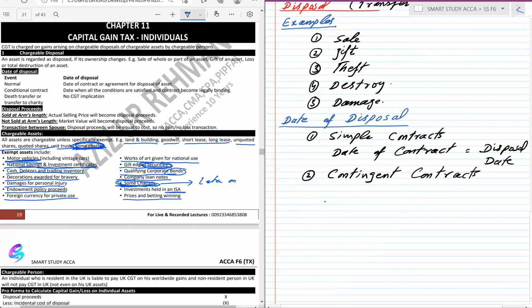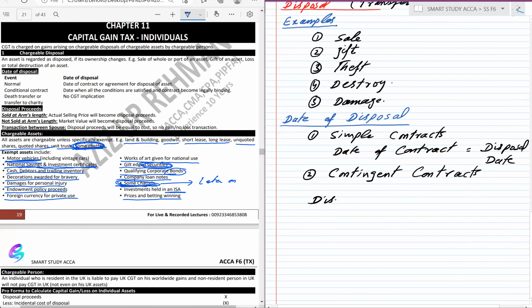So in this case, the disposal date will be when all the conditions are satisfied.